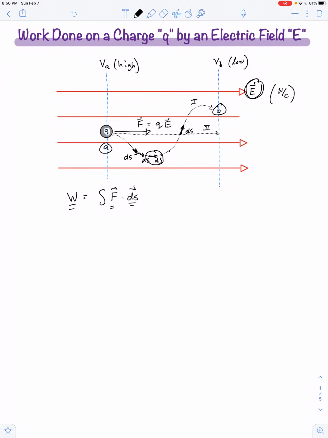So work done seems to be independent of the path taken. It really only depends on what's the displacement parallel to the electric field.